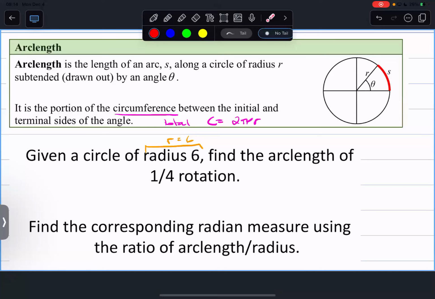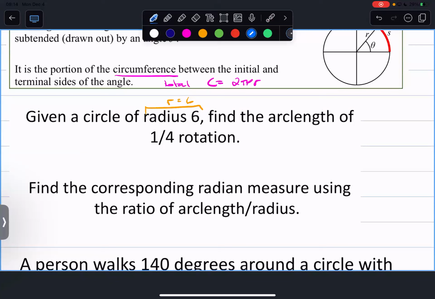How would you approach this? If we know the total circumference is 2 pi r, you could find this entire distance, knowing that the radius is 6, and then cut it in quarters. Each of these quarter distances are going to be the same, so we're allowed to do that.